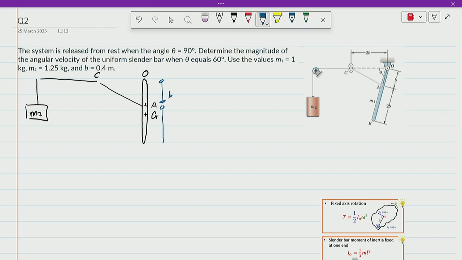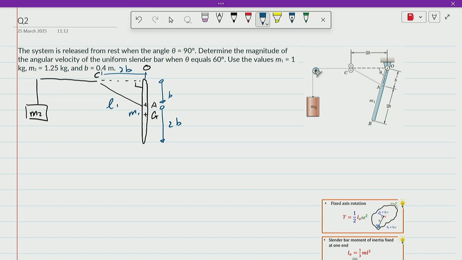It's B to B. And we also have a horizontal distance to B here. We're going to find a length, L1. We're also going to note this G to be M1.